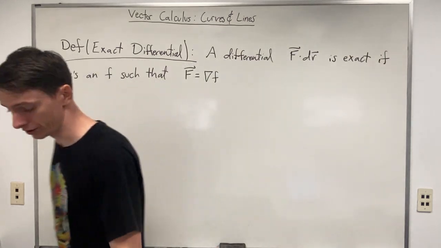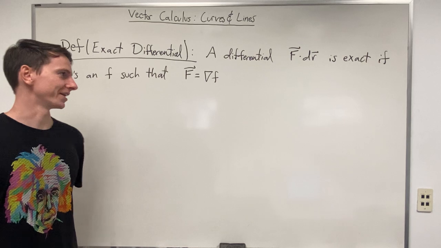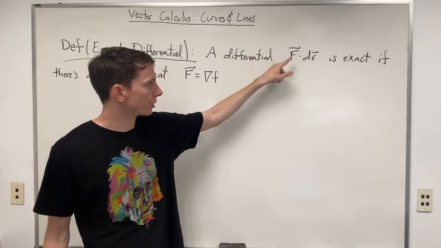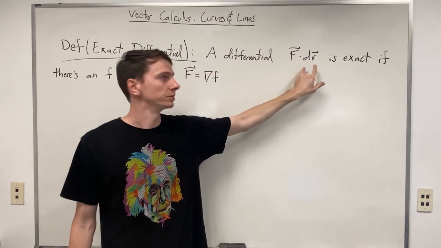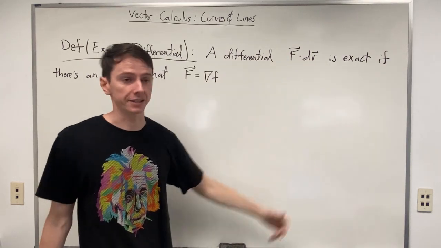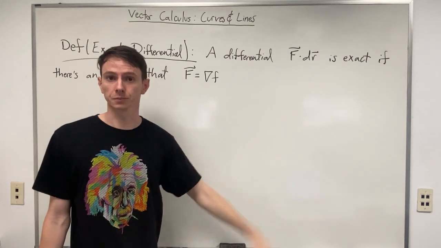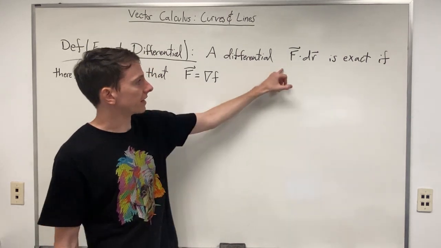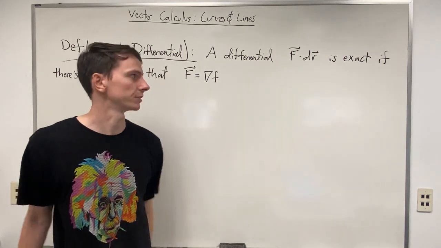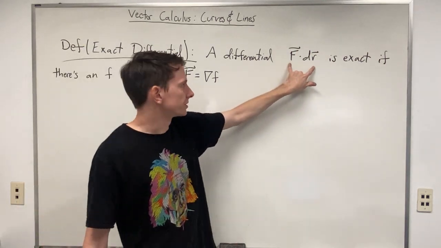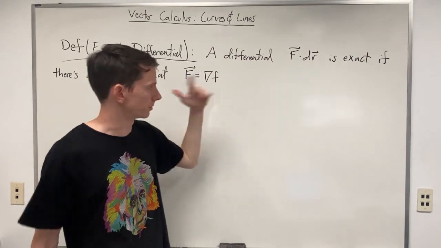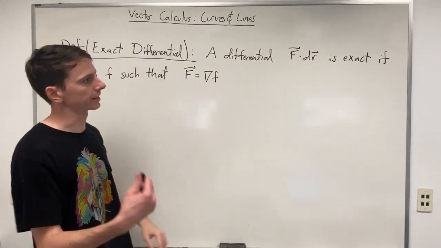Really, this is just a long-winded way of saying that if your vector field F is conservative, then if you take a dot product of F with a differential dr, the overall dot product is a corresponding differential. It would be F_x dx plus F_y dy plus F_z dz. Each of those are differentials. It's essentially saying that if F is conservative, then this dot product is considered exact. It's called an exact differential.